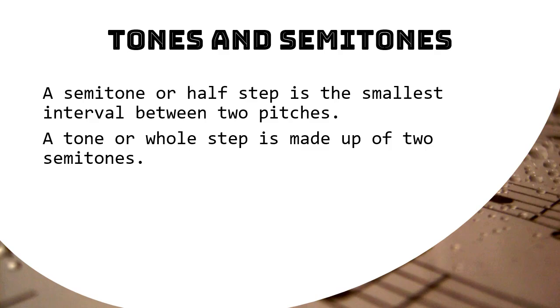Let's not forget the semitone can equally be referred to as a half step, and the tone as the whole step. So the semitone is the smallest interval between two notes on the scale, but a tone contains two semitones.